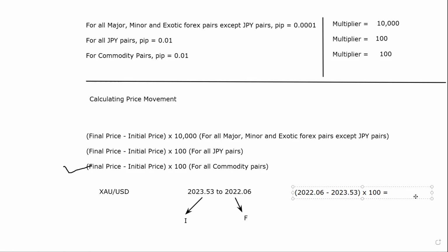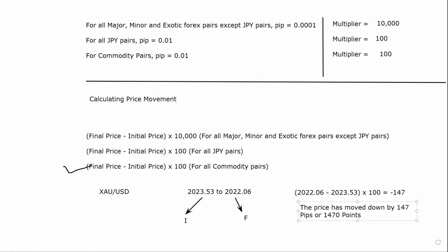So we get an answer of negative 147. So negative 147 means the price has moved down. I told you that negative means that the price is moving down. Positive means the price is moving up. So the price has moved down by 147 pips or 1470 points. It's pretty simple. Okay.